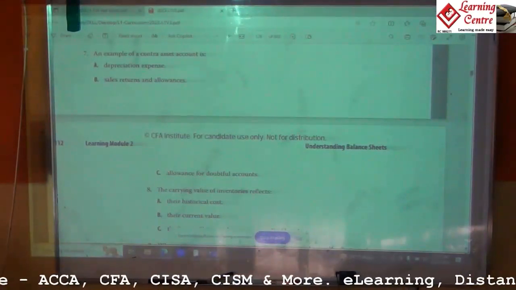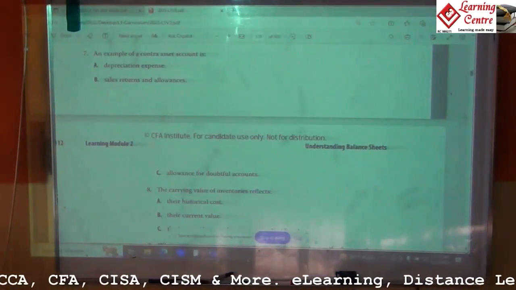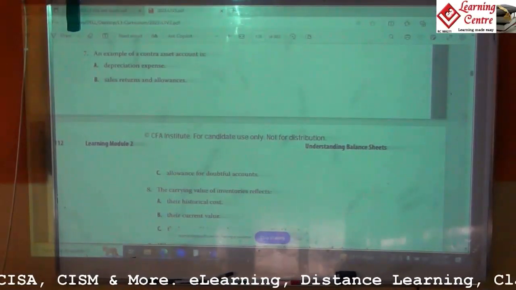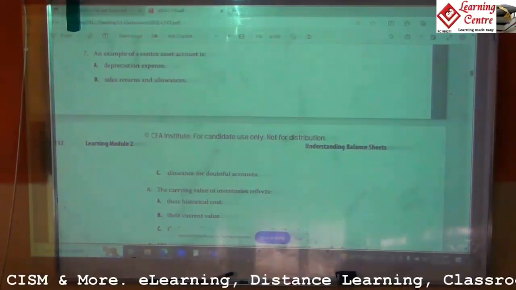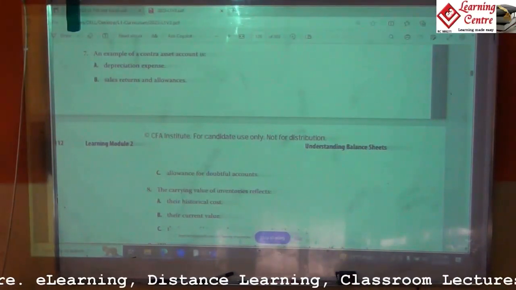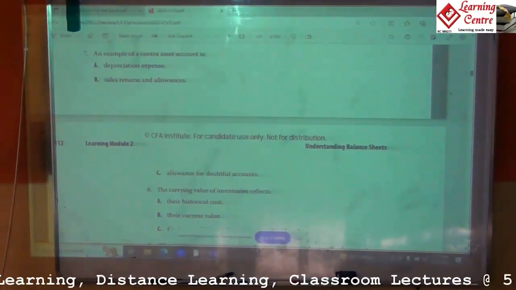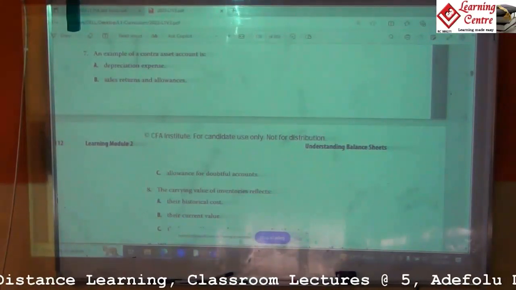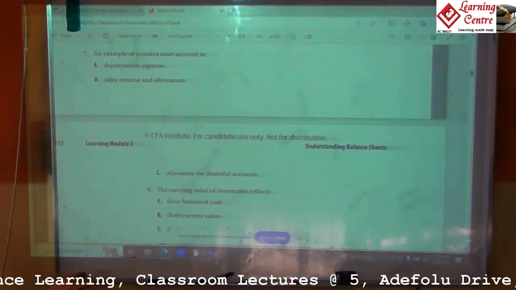So an example of a contra asset is what? Depreciation, sure. Depreciation. I think the last one said allowance for that one. Thank you. Why I'm saying that is that some are contra in income statement, some are contra in balance sheet.